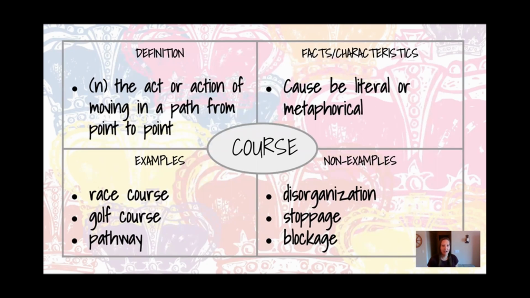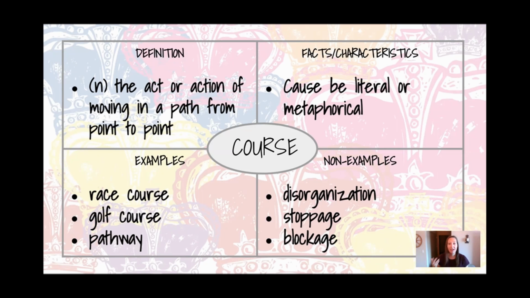As our definition, we have the act or the action of moving in a path from point to point. So course as a noun is a path, essentially. It can be both literal or metaphorical. It can be an actual physical path that you're following, or the decisions that you're making toward a certain goal could also be described as a course.